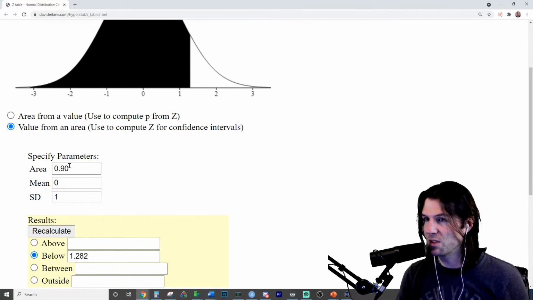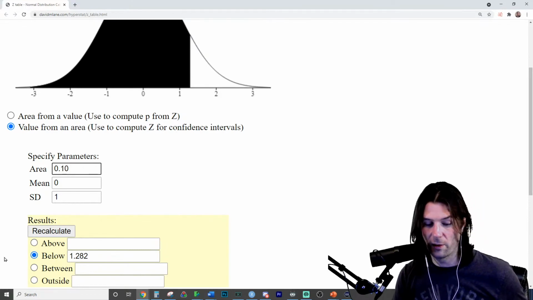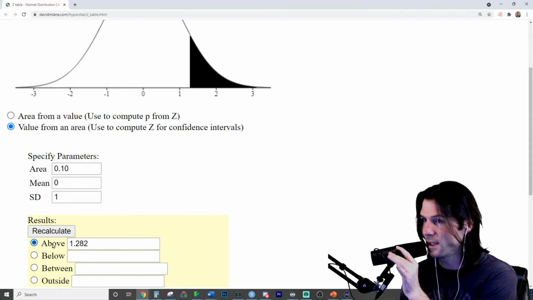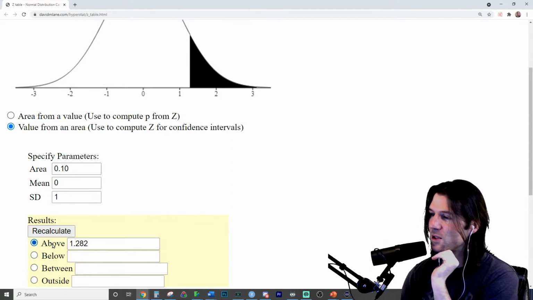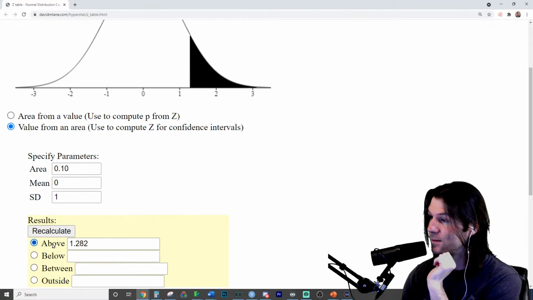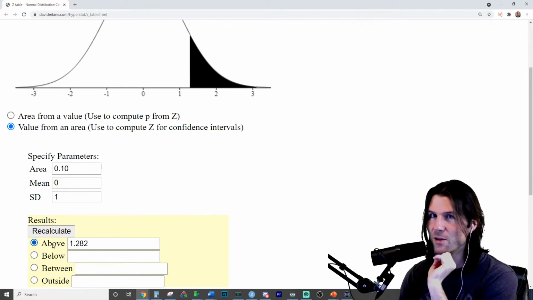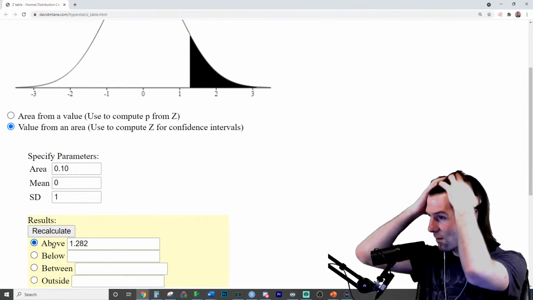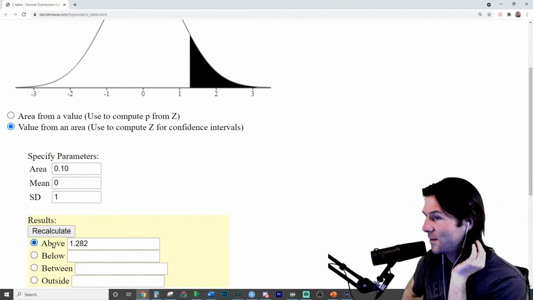The top 10% is also known as the what percentile? Like, I'm in the top 10% of my class. That means you're up in the something percentile. What would be your percentile?